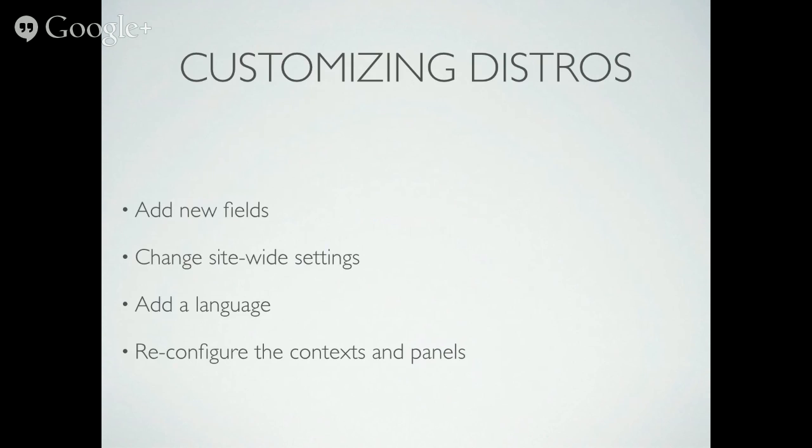You might want to add fields to content types that already exist. You're definitely going to want to change a bunch of site-wide settings. And if you're in Canada, you might want to add French as one of the languages. And you might want to reconfigure some of the contexts and panels that the distribution defines. So these are all really common things you'll want to do after downloading a distribution.